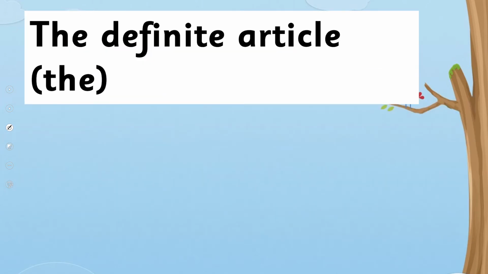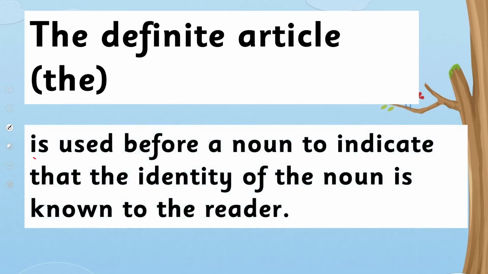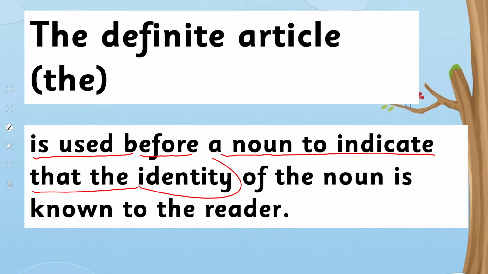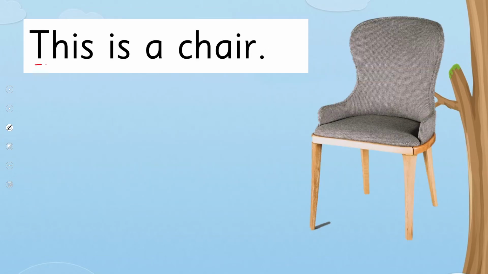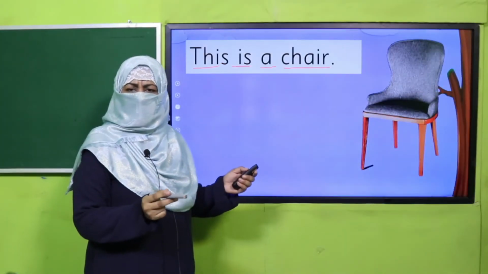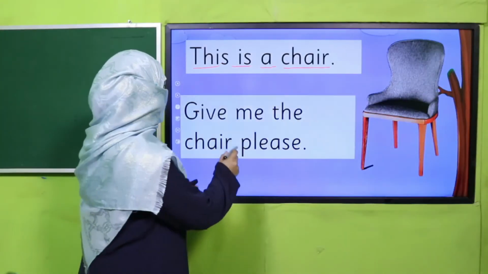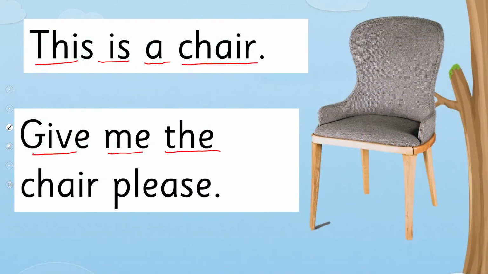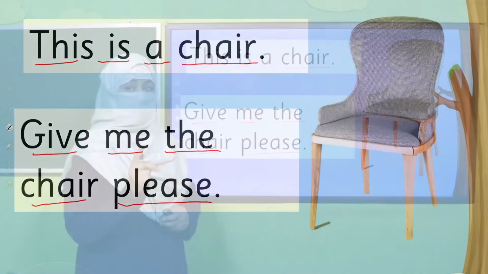The definite article is used before a noun to indicate that the identity of the noun is known to the reader. This is a chair. When I say a chair, it means any chair. But when I say, give me the chair please, now it does not mean any.